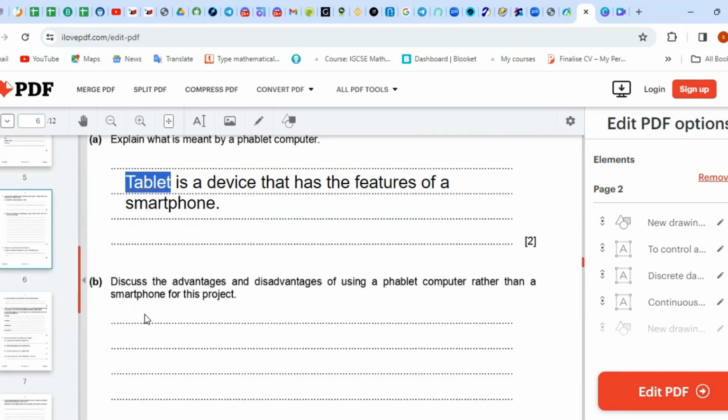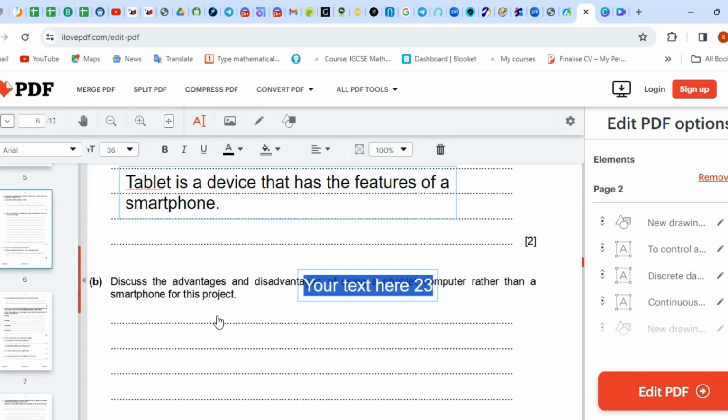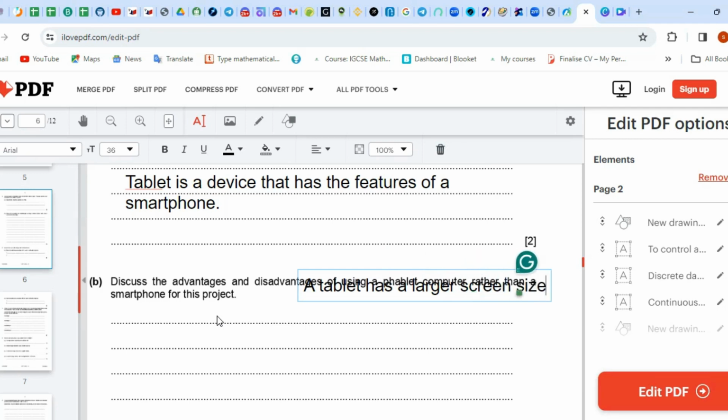One is that a tablet has a larger screen. You know, a tablet is usually bigger than a smartphone. It has a larger screen size.